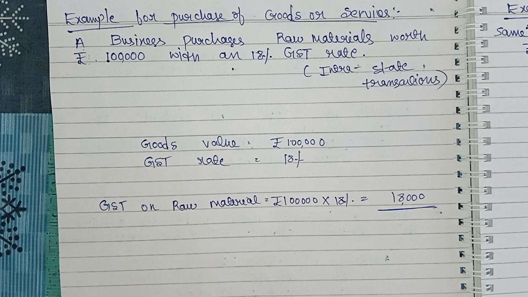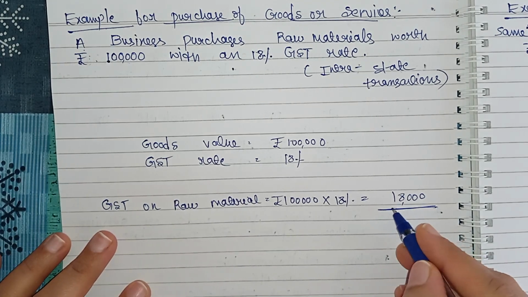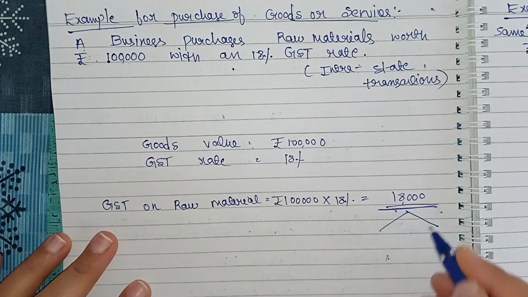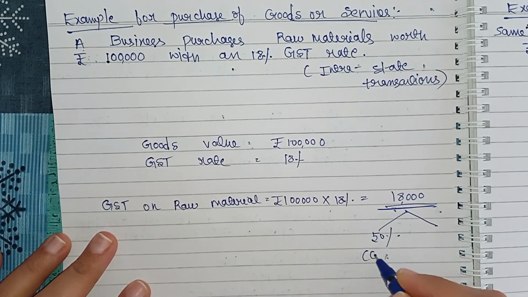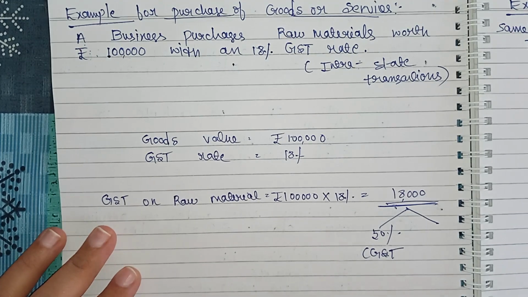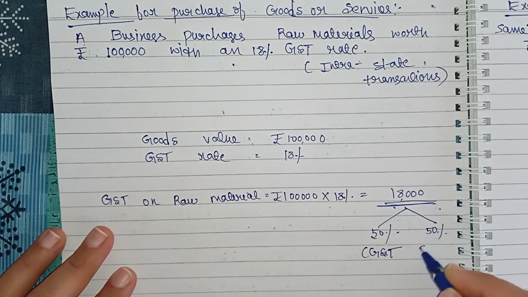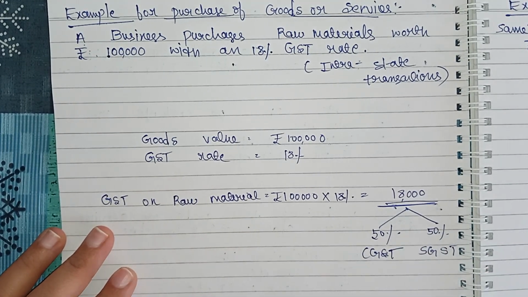Now what is the next step? Out of 18,000, 50% goes to CGST and 50% goes to SGST.